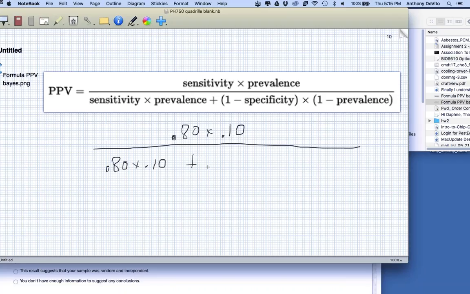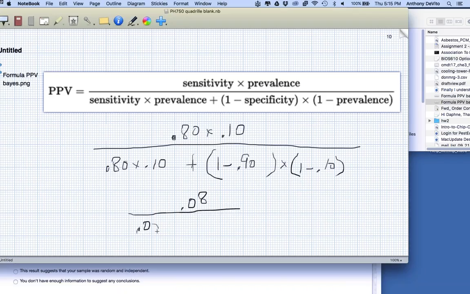0.10. Plus, what's the specificity of my test? Remember what it was? It was 1 minus the specificity. I think we said the test was 90% accurate on giving us negatives, times 1 minus the prevalence. Prevalence was 10%, so this is 1 minus 10%. Okay, so what do we have here? We have 0.8 times 0.1 is 0.08, right?